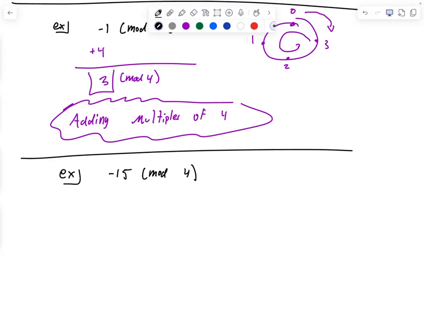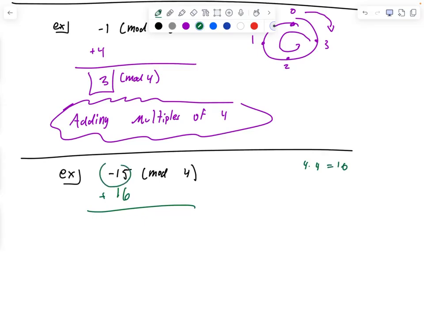And we want to turn a negative into a positive, so we have to add more. 4 times what? What is a number that we can add here so that we get a positive number? It'd be 16. 4 times 4 is 16.